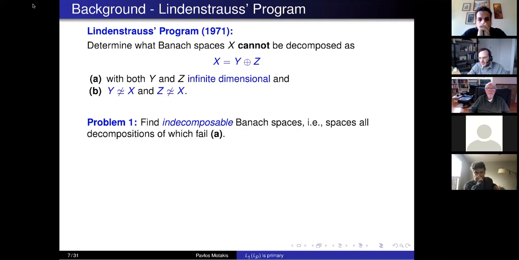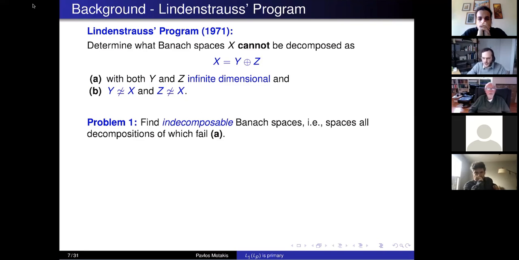Back then, they were not known to exist. They were first discovered in the 1990s. One of those examples, very famous in Banach space theory, is the Gowers-Maurey space that solved the unconditional basis sequence problem. Another such example is the Argyros-Haydon space, which was the first space on which every operator is a compact perturbation of a scalar multiple of the identity. So they are such weird spaces.